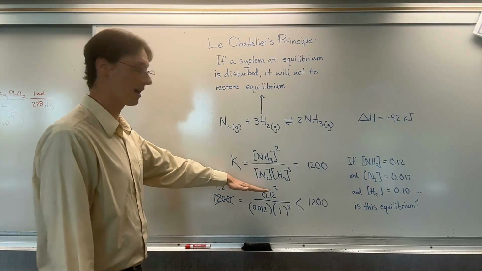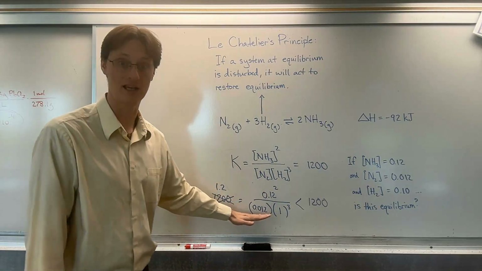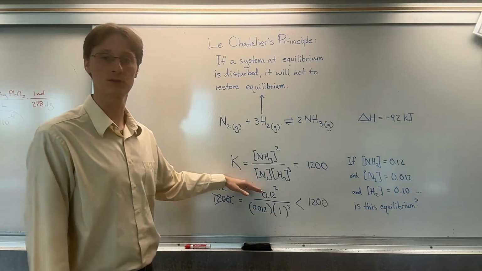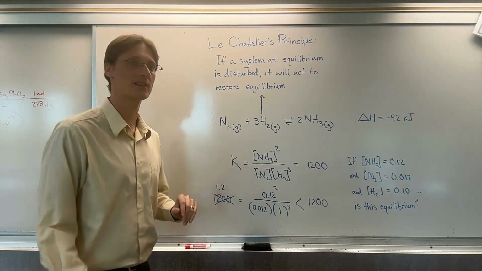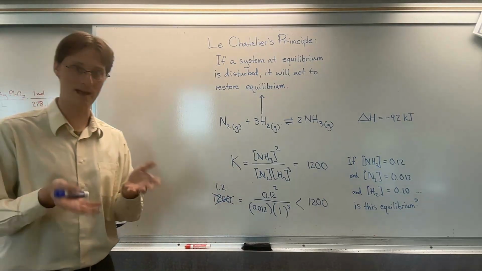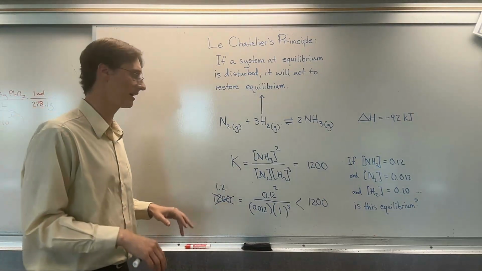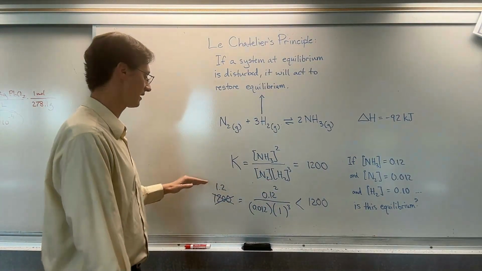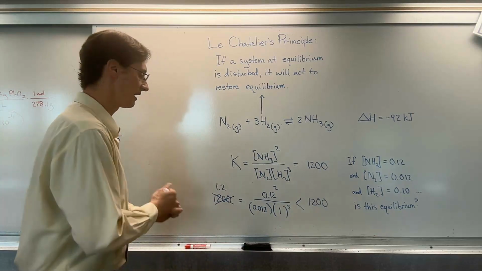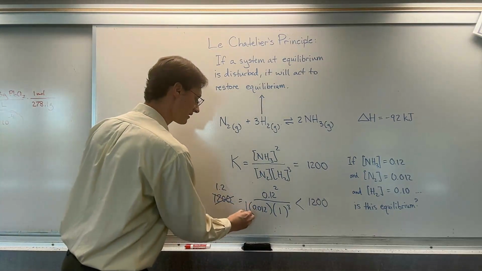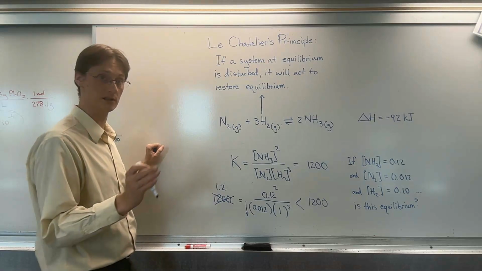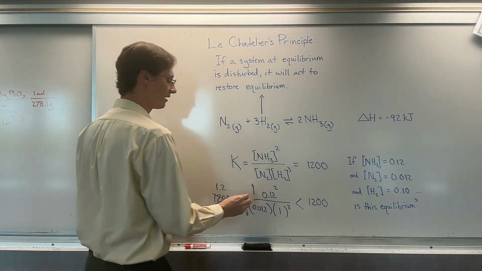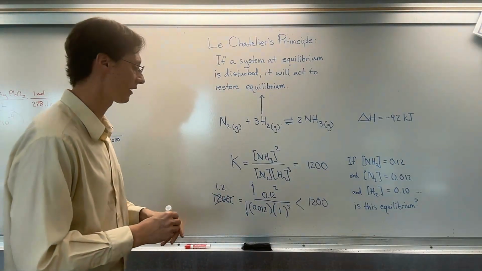Either the denominator is too big, or the numerator is too small. And so the system has to mathematically try and fix that. In order to get this all to multiply out to give me 1,200, the system has to decrease the size of the numbers in the denominator and or increase the size of the number in the numerator.